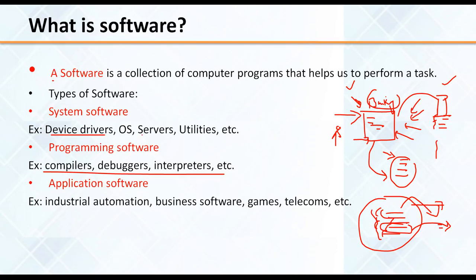And then application software. Application software is exactly the software which we are using online or elsewhere. Industrial automation, business software, games, telecoms, all these are examples of application software. All financial applications, internet banking applications or portals, social sites, whatever we are using online, everything comes under application software.